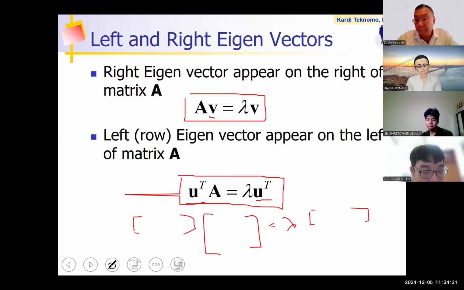This one is a square matrix multiplied by a column vector equal to lambda multiplied by a column vector. Transpose means row vector. U transpose here is a row vector.